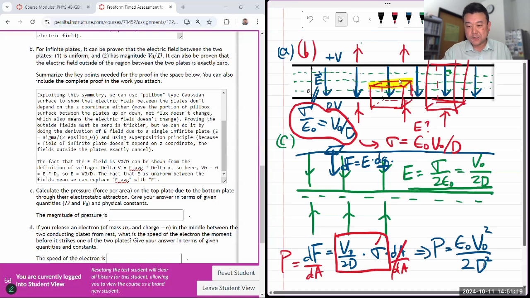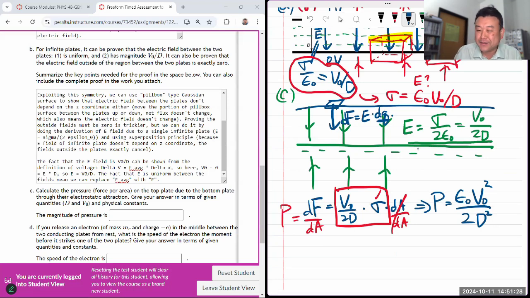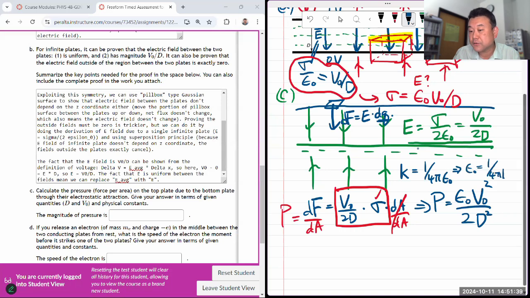And just because I'm supposed to be trying to use the Coulomb constant more, I just have all the formulas memorized in terms of epsilon naught. But the substitution I'm using is the fact that Coulomb constant is equal to 1 over 4 pi epsilon naught. Or alternatively, epsilon naught is equal to 1 over 4 pi Coulomb constant.